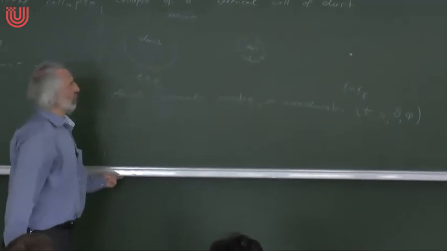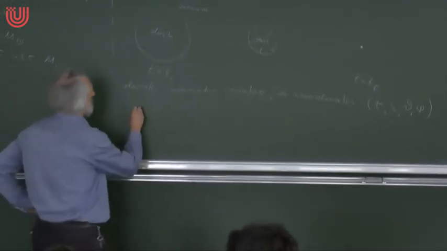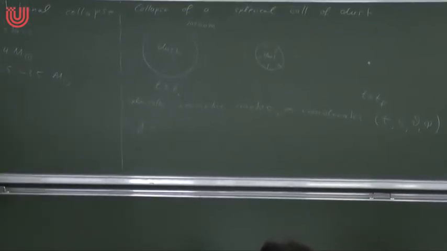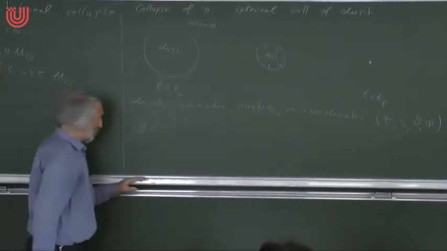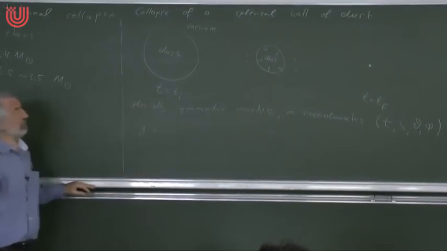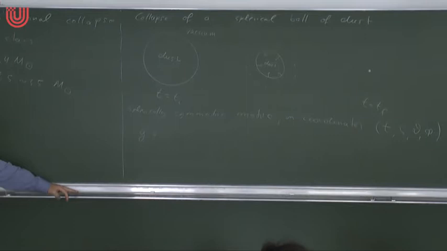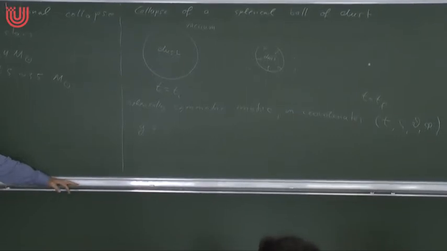And the general form of a spherically symmetric metric, I hope everybody has seen it before. So I think wherever you have heard about general relativity for the first time, when the Schwarzschild metric was derived, certainly one started with a general form of a spherically symmetric metric.